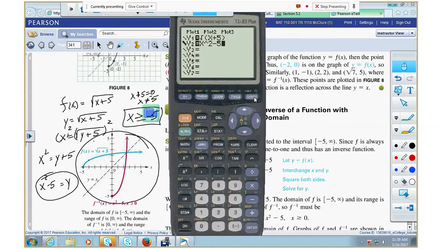Graph. There's your square root function, and there's the other function. But you cut it off right here because these are the inverses of each other.